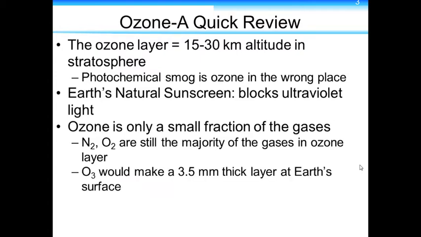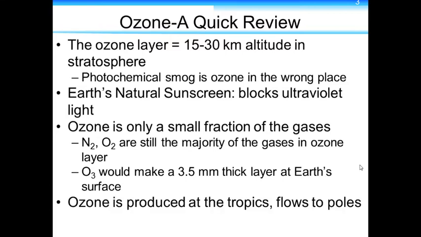If we were to condense all this ozone into one place, it would just make an extremely tiny layer at the Earth's surface. So this ozone is spread out over a band, and that's what's acting as a shield in the stratosphere. It tends to be produced more at the tropics and then flow upwards to the poles.